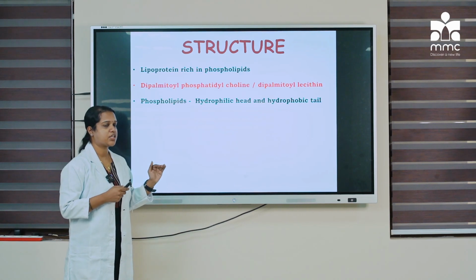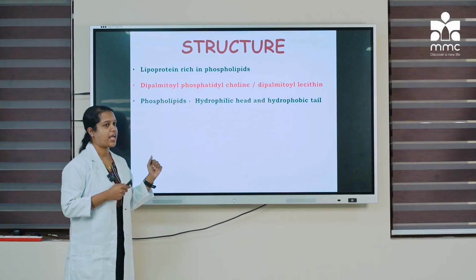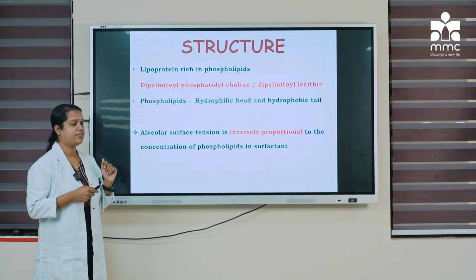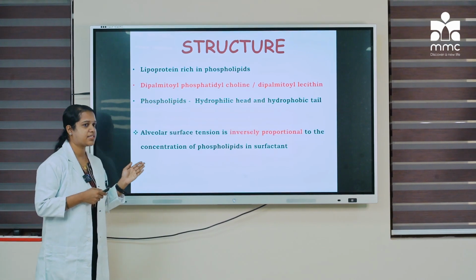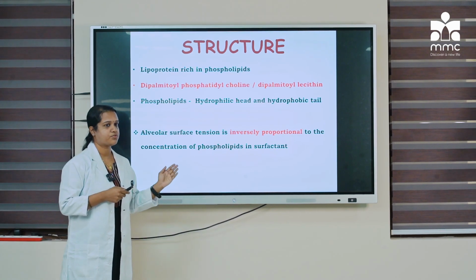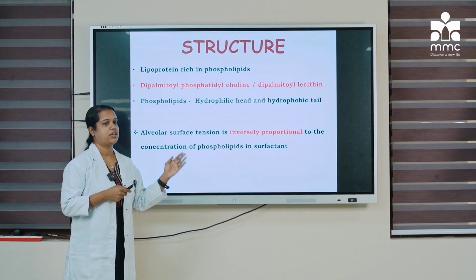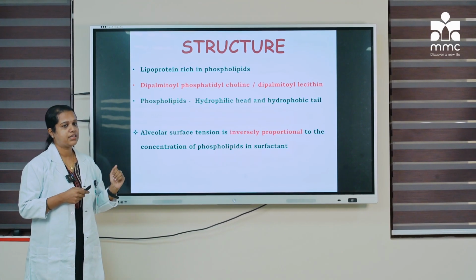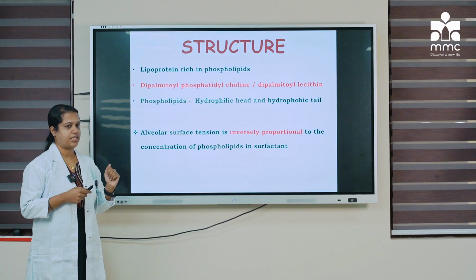What is the relationship between the phospholipids and the alveolar surface tension? They are inversely related. The alveolar surface tension is inversely proportional to the concentration of phospholipids in the surfactant. So the more phospholipids in the surfactant, the lesser the surface tension that is generated.